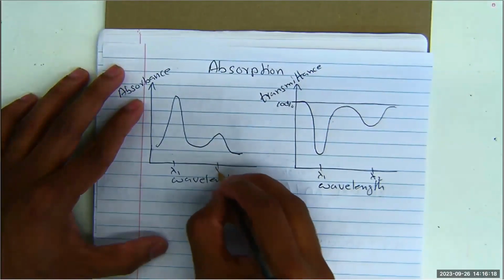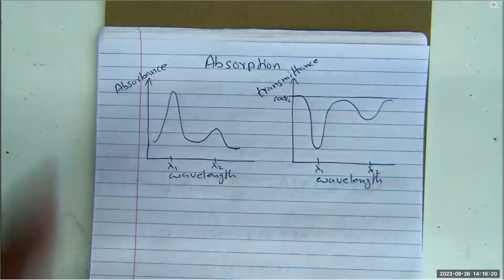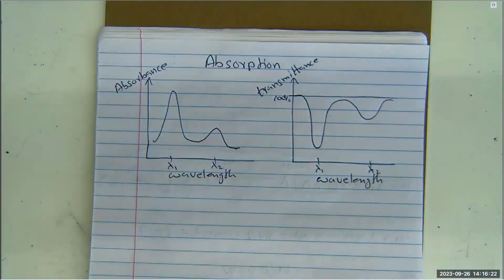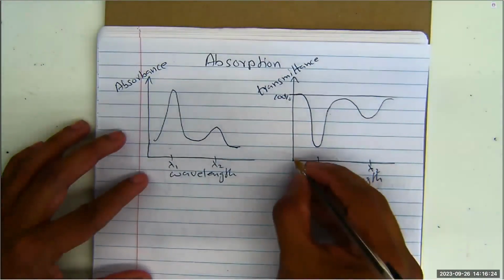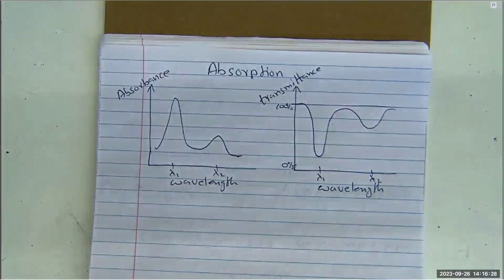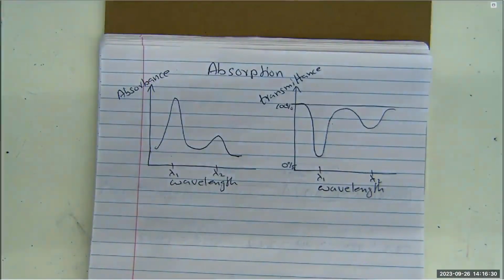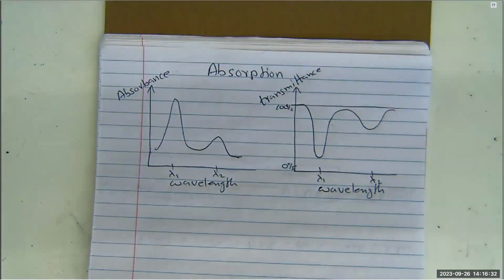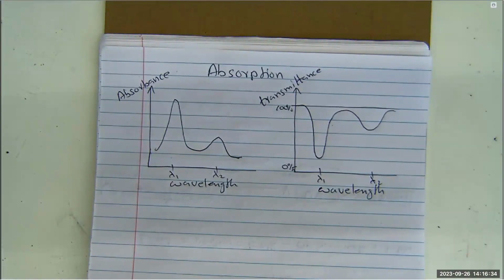You will see that you have dips in the transmittance when your sample absorbs light. So that's like an upside down absorbance spectrum. In transmittance mode, you get the upside down peaks, meaning you have dips in the transmittance when your sample absorbs light at that particular wavelength.